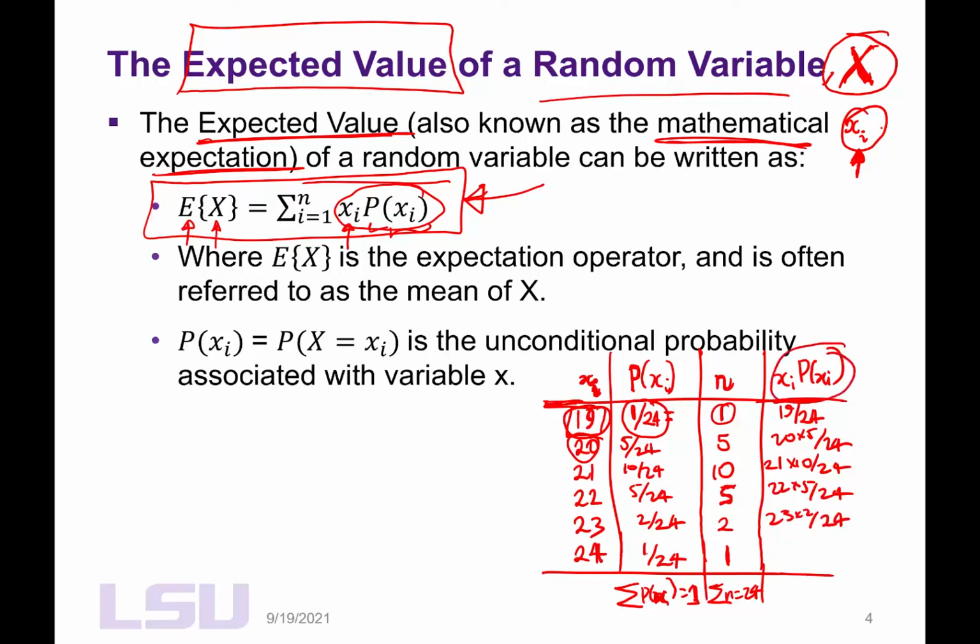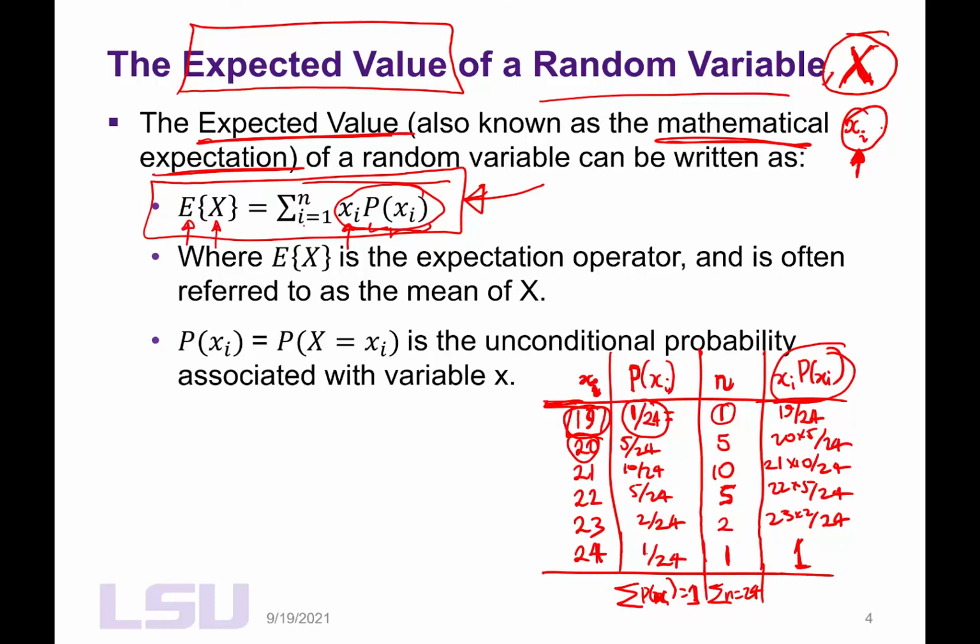That's this product which shows up here for each item in the population. This one is 24 times 1 over 24. So this one is 1. So you add it all up, right? That's what the equation says.